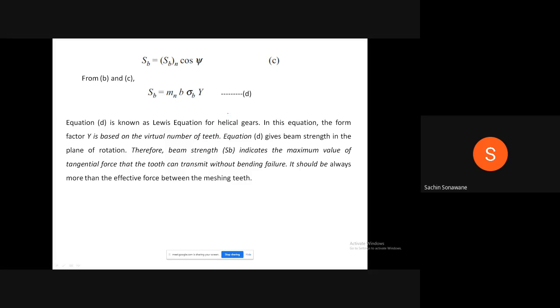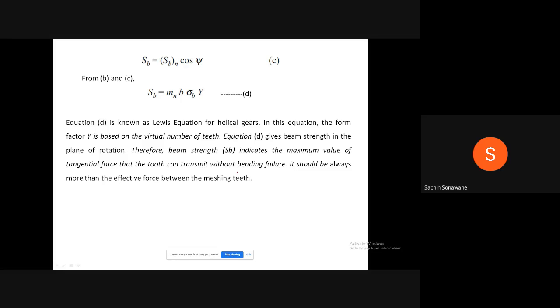In this equation, the form factor Y is based on virtual number of teeth. Equation D gives beam strength in the plane of rotation. Beam strength SB indicates the maximum value of tangential force that the tooth can transmit without bending failure. It should always be more than the effective force between the meshing teeth.